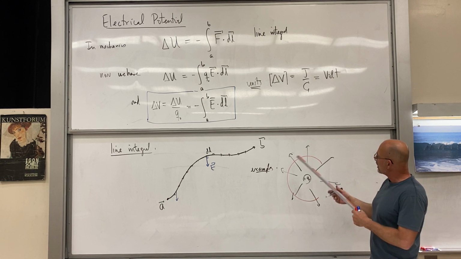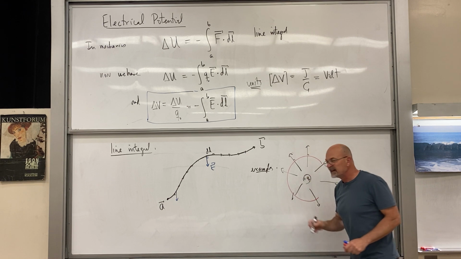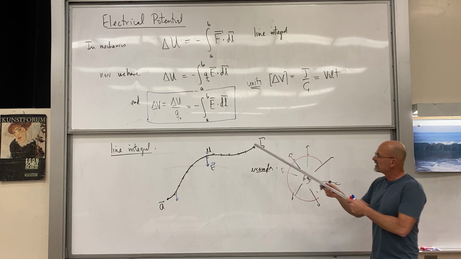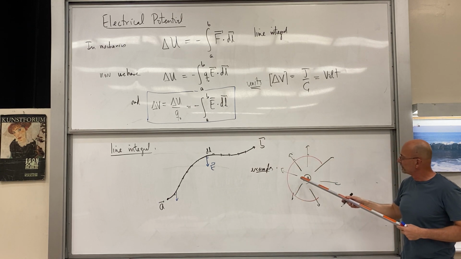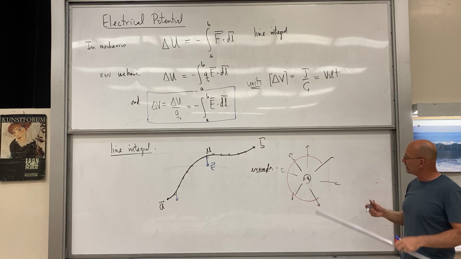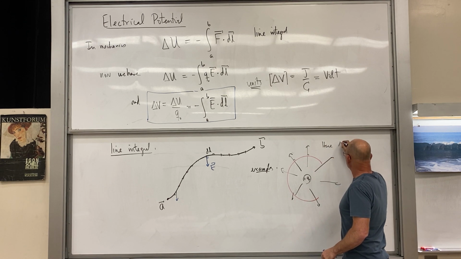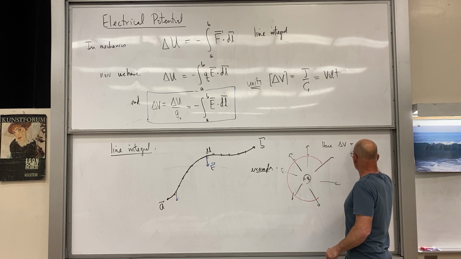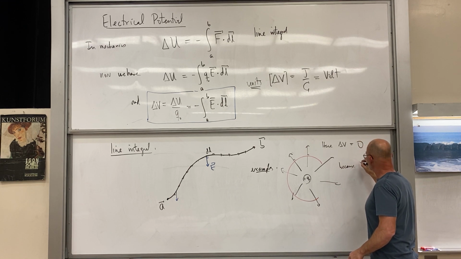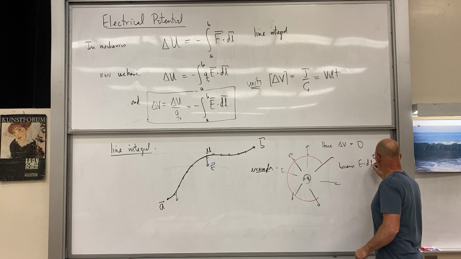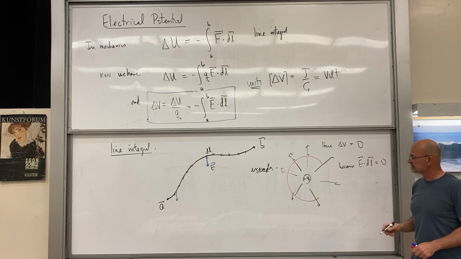So if our curve's along a circular arc, every time we cross an E field line, we've got a 90-degree angle. And that change of potential will vanish. So that's going to be an important example. So I'll just write here, delta V equals 0, because E dot dl is equal to 0 the whole way around.